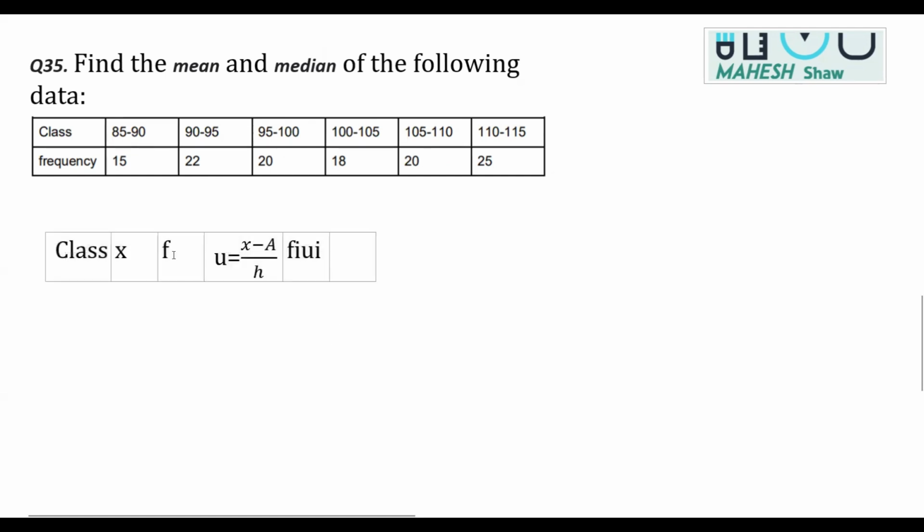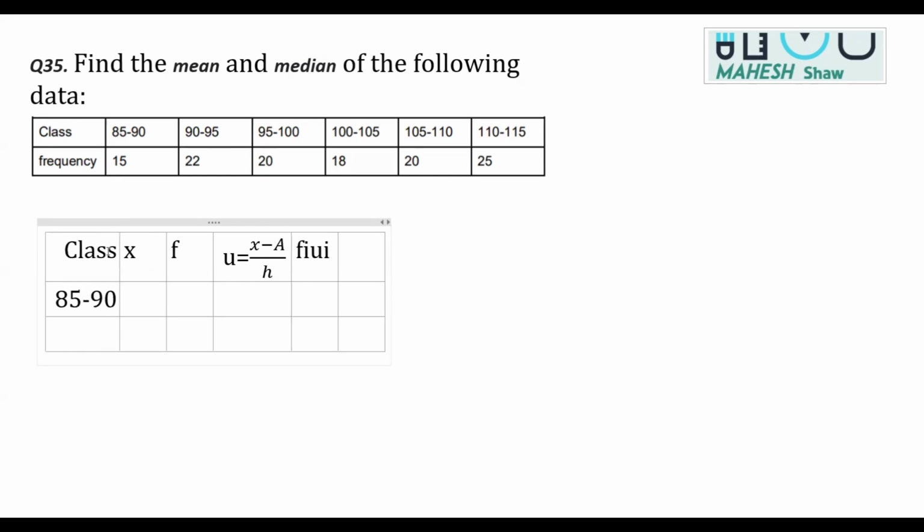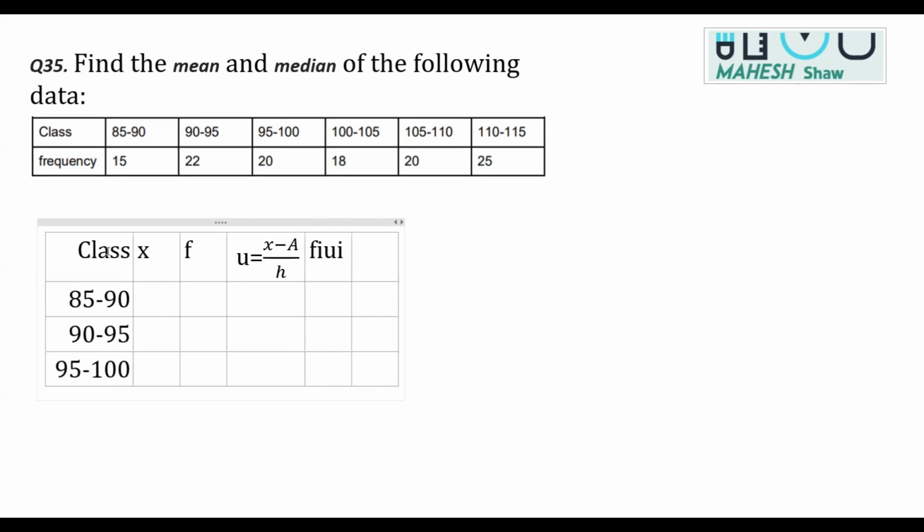Now, the first column is about the class. If I write down the classes, the first class is from 85 to 90. The next is 90 to 95. And the third one is 95 to 100.